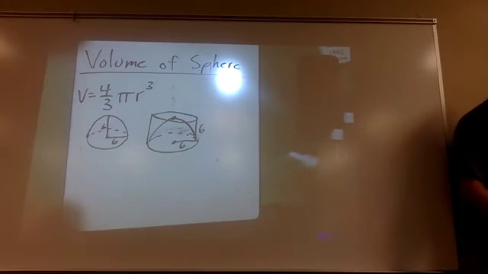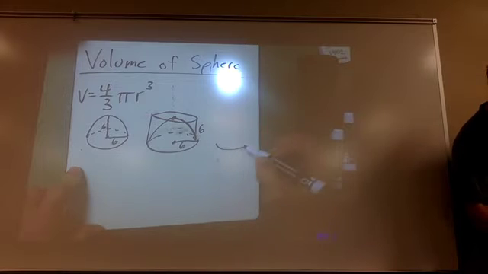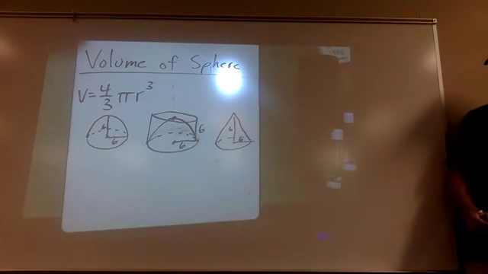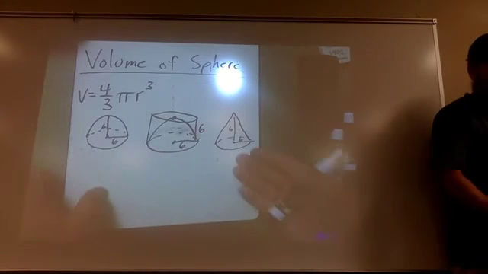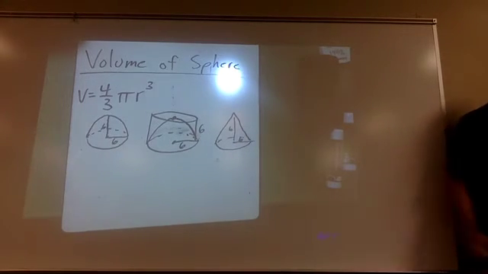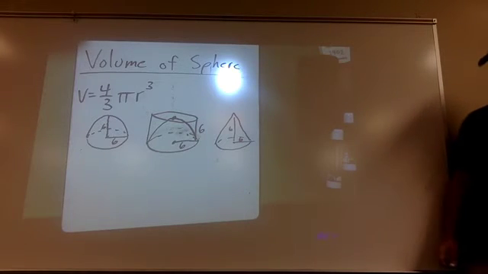Similarly, what we did yesterday was a cone. If you have a cone that's 6 by 6, it would take up 1/3 of the space of that cylinder, right? Because the volume of a cone is 1/3 pi r squared times h.